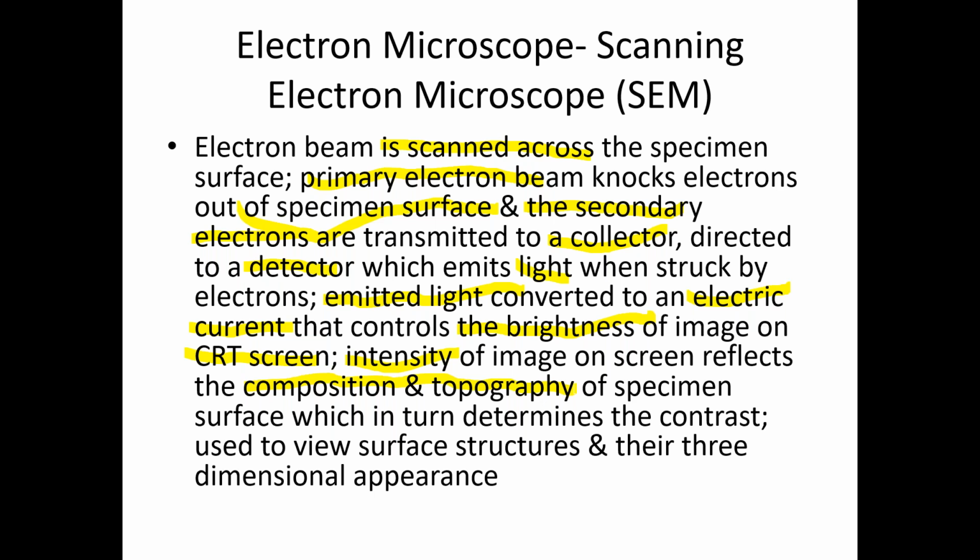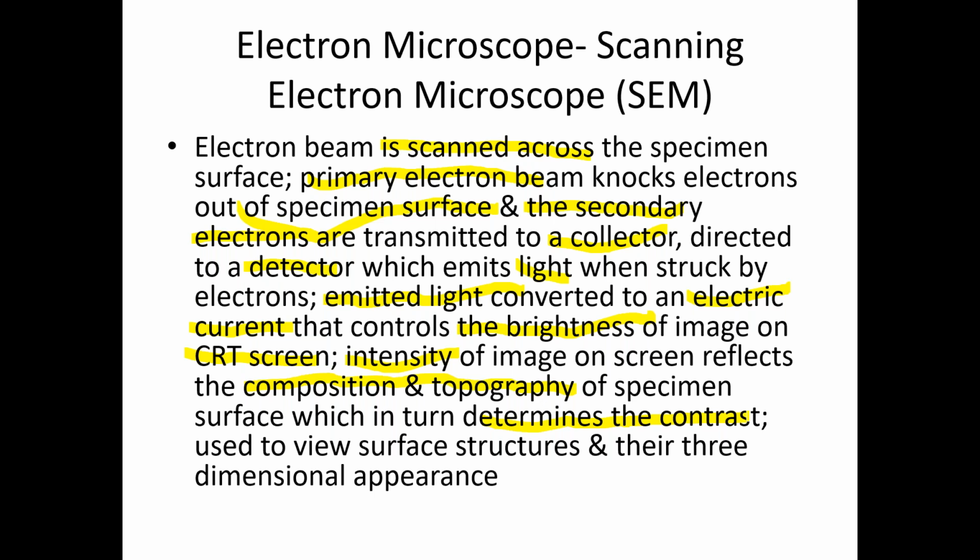What are all the surface structures of specimen? Fine. Which in turn determines the contrast. So the intensity of image on the screen reflects the composition and topography of specimen surface, which in turn determines the contrast. So all these things are related.